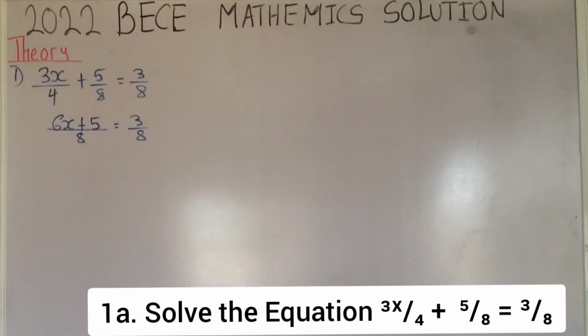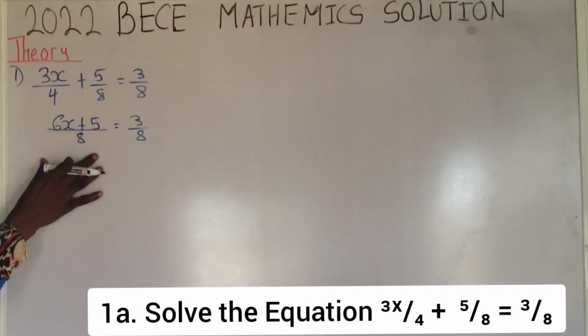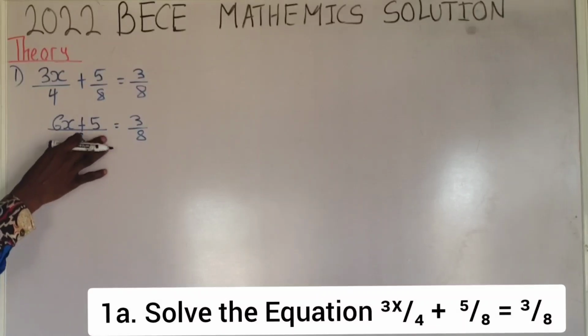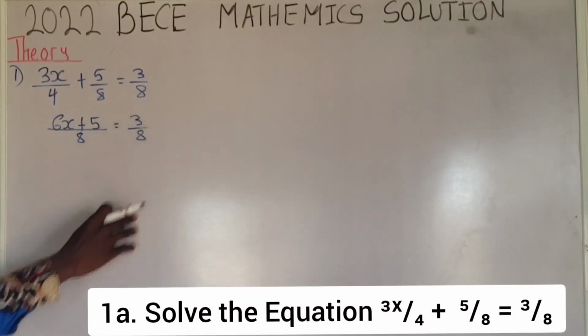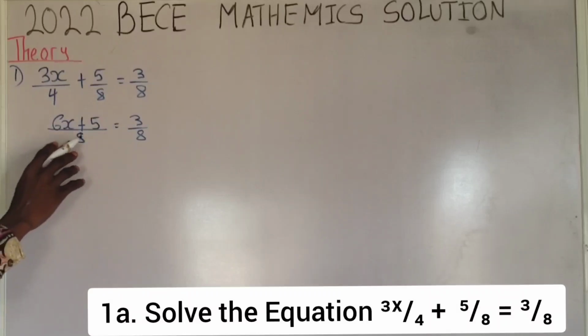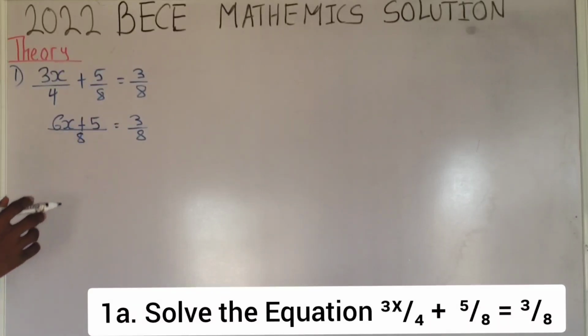Now, having done that, we have 1 fraction on the left hand side and another fraction on the right hand side. You can see that these fractions are separated by an equals sign. In that case, we are going to take the cross product. Cross product simply means cross multiplication. So here I'm going to cross multiply.